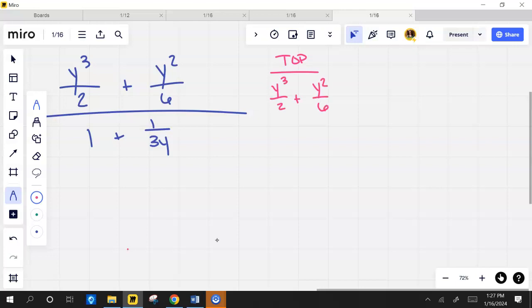I'm going to go ahead with the top if you're still working and pondering, and carry on. But here, I want to find an LCD. What's the LCD? 6. So the first fraction needs what? A 3.